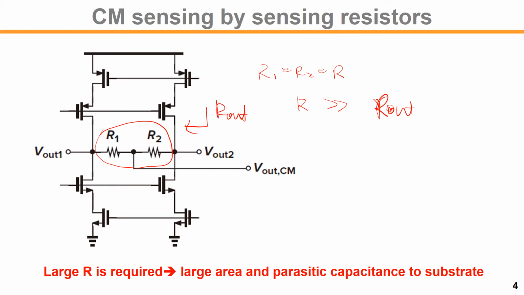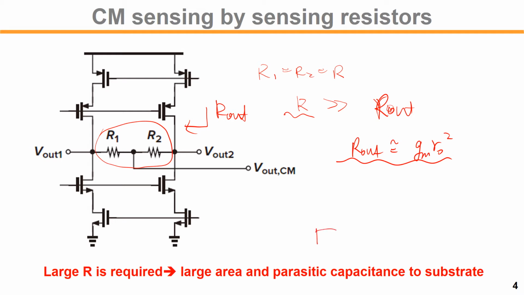Because this is a cascode amplifier, Rout is approximately gm ro squared, which is quite large, so you have to make a very large R. This results in large area and parasitic capacitance to substrate.